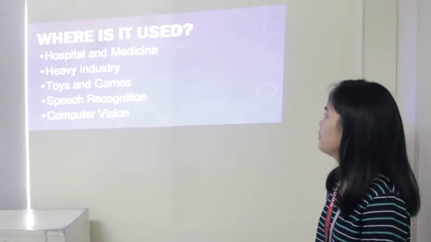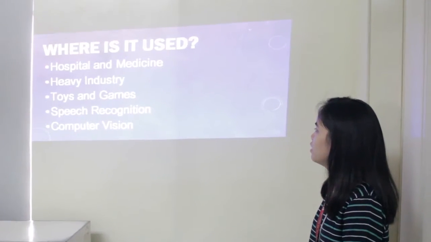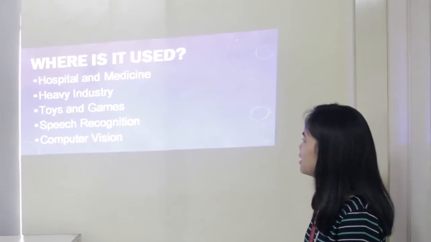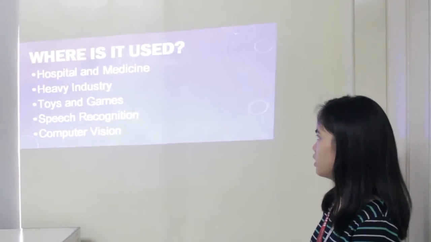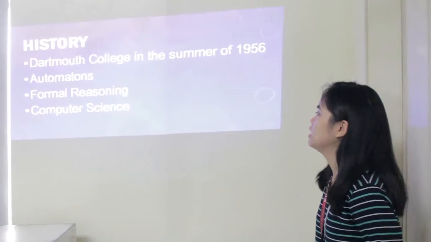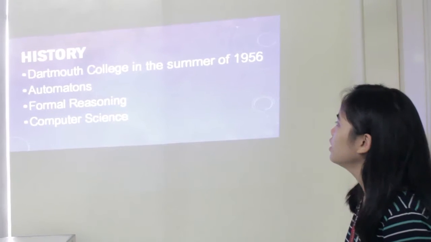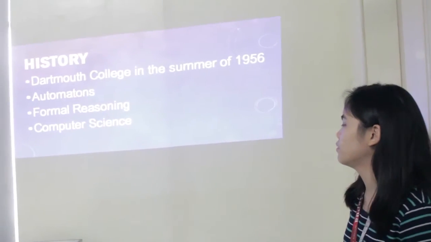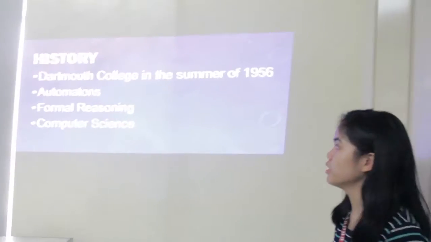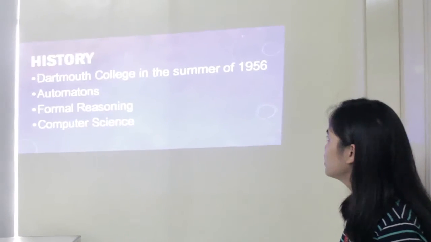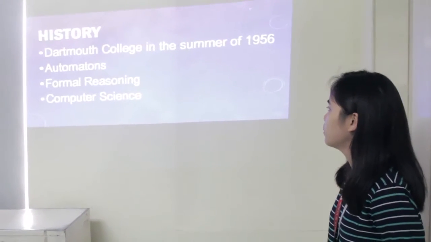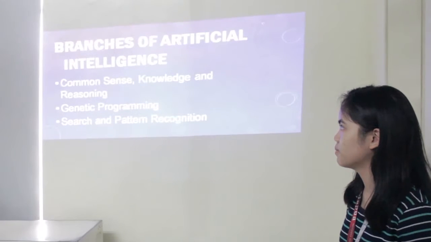Artificial intelligence can be applied in hospital and medicine, heavy industry, toys and games, speech recognition, and computer vision. The field of AI research was founded in Dartmouth College in the summer of 1956. The precursors of this artificial intelligence are automatons, formal reasoning, and computer science.